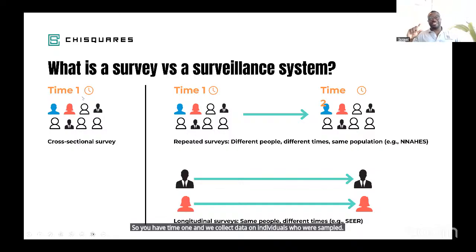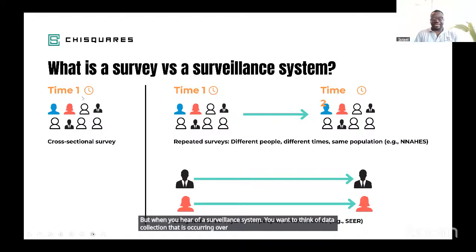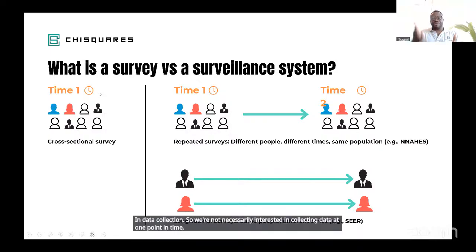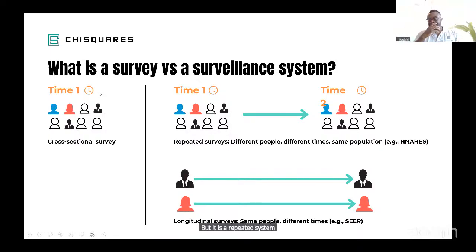But when you hear of a surveillance system, you want to think of data collection that is occurring over different points in time. Whenever you hear the word surveillance, it should trigger the idea that there is continuity in data collection. So we're not necessarily interested in collecting data at one point in time, but it is a repeated system of data collection.